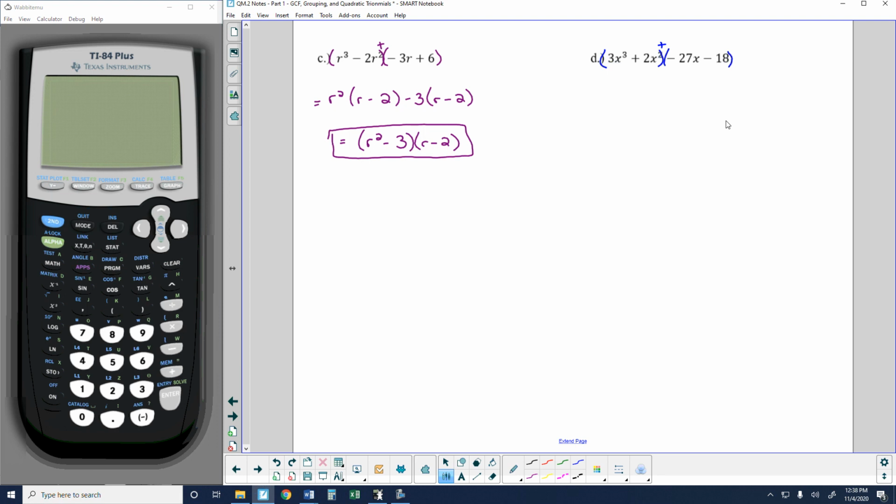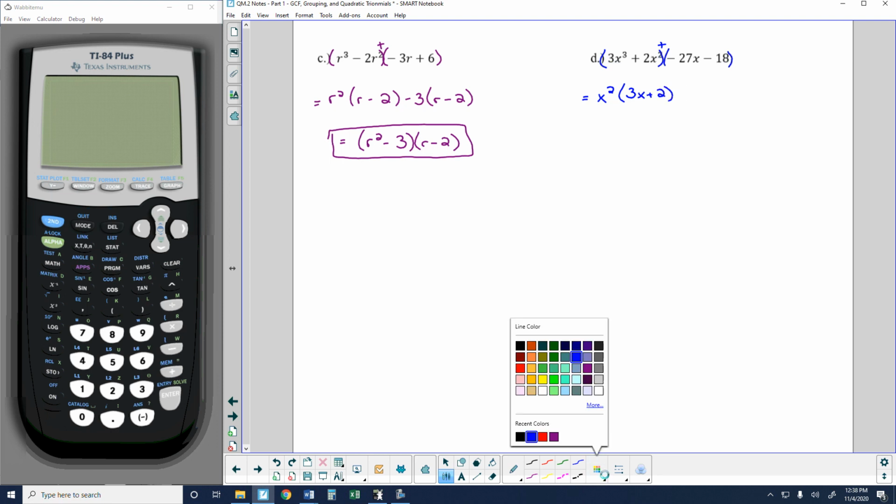Now, you did not have to group it that way. But if I did group it that way, my GCF for the first 2 is going to be x squared. And then in parentheses, I would be left with 3x plus 2. And my GCF for the second part is going to be negative 9. And in parentheses, I'm going to be left with 3x plus 2.